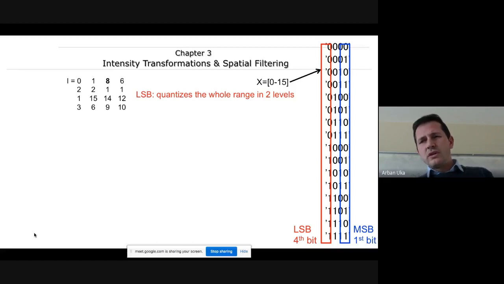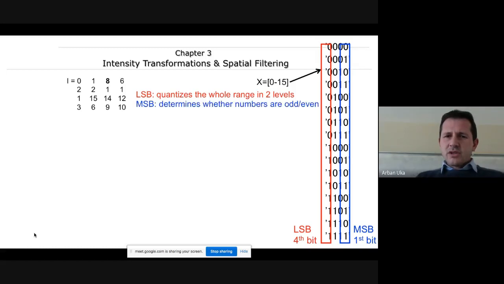So we do a threshold right in the middle of the whole range. And for the other end, if you look at the last bit, it goes 0, 1, 0, 1, 0, 1 continuously. It determines whether the numbers are even or odd, including the 0 as even. In the broad sense, that's what they determine.